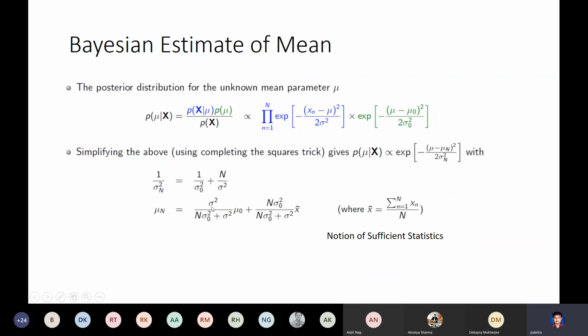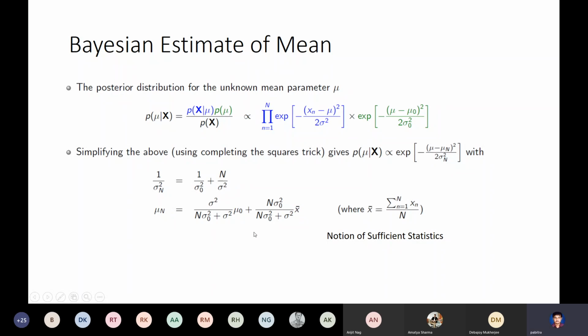The numerator is sigma square for mu naught, where sigma square is the variance of x1 to xn given, and sigma naught square times n for x bar. So x bar is the sample mean, whereas mu naught is the prior mean. So this cross kind of weightage is there, mutual weightage. That's my new mu n.